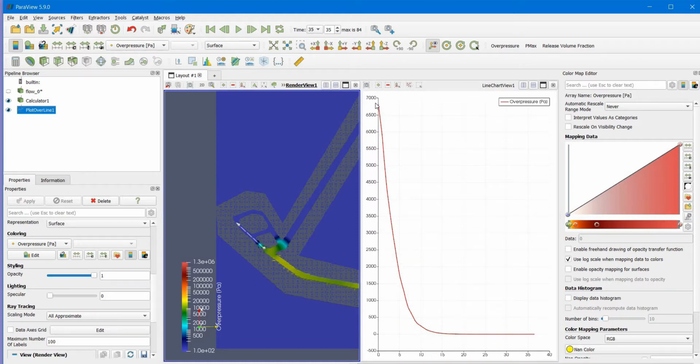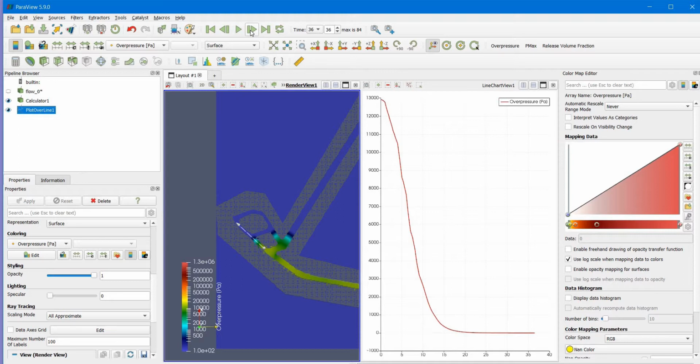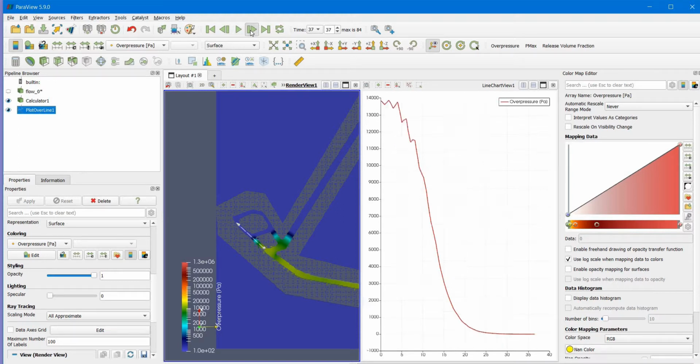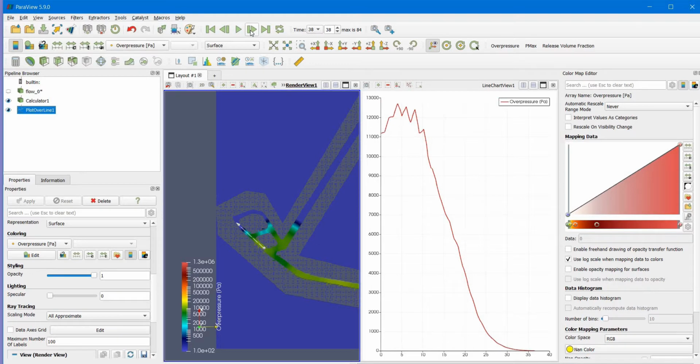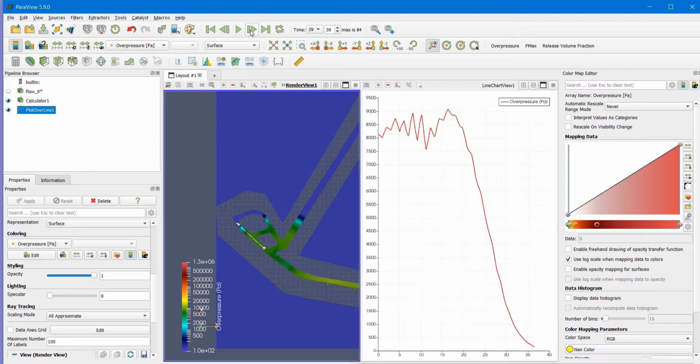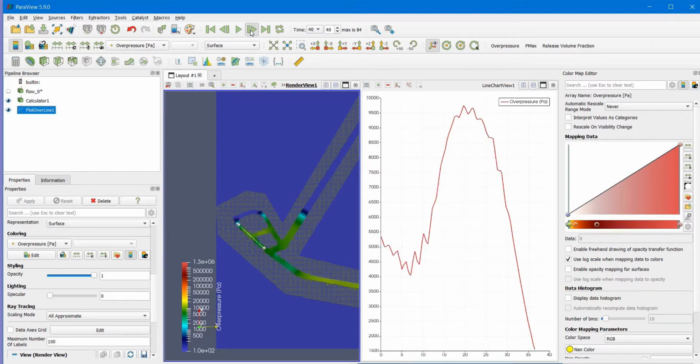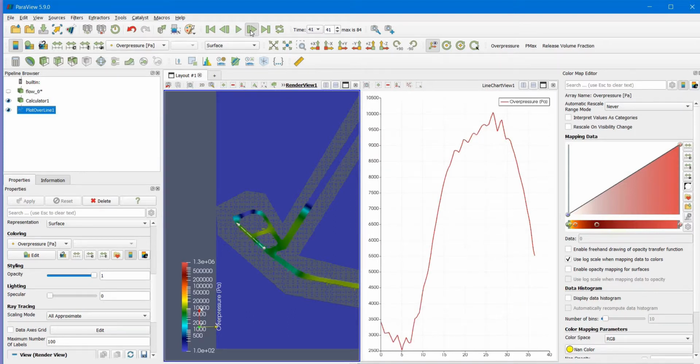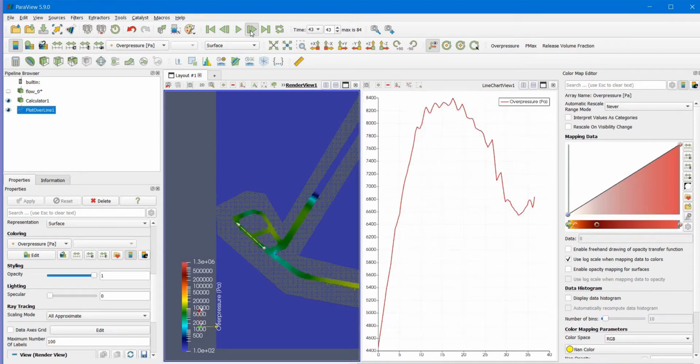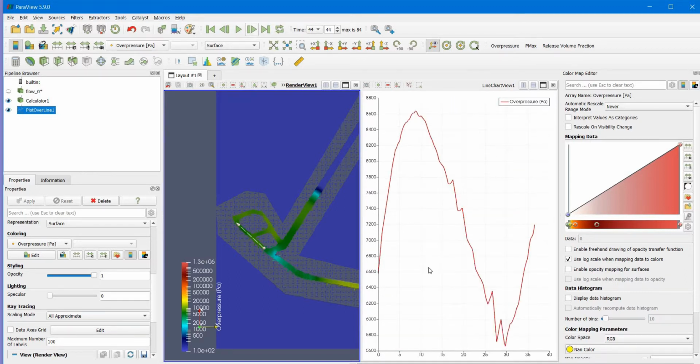So now we are looking at 7,000 pascals, 0.07 bar, 0.13 bar, that's a maximum, 0.14 bar, and it looks like it's peaked and it's about to drop off now. So 0.14 bar. 0.14 bar pressure isn't enough to kill people by itself. However, it is sufficient to cause structural damage in this region, which in turn will definitely kill people.